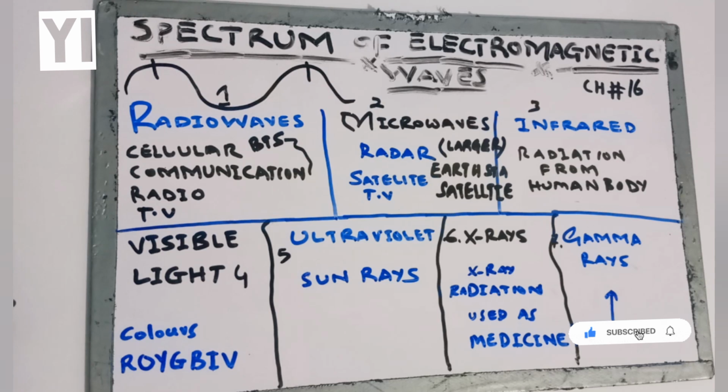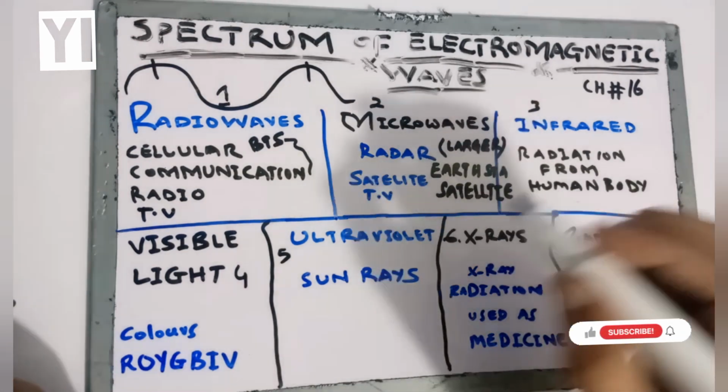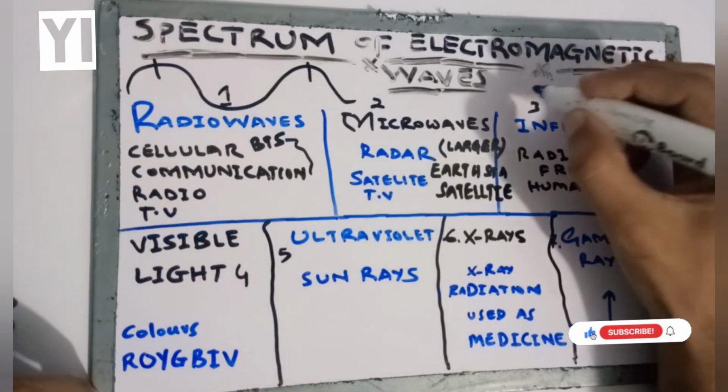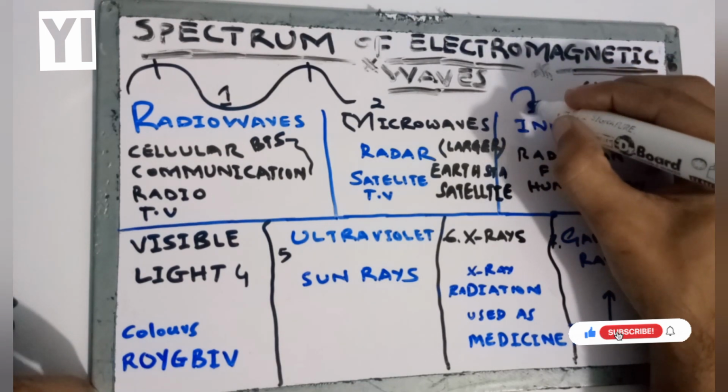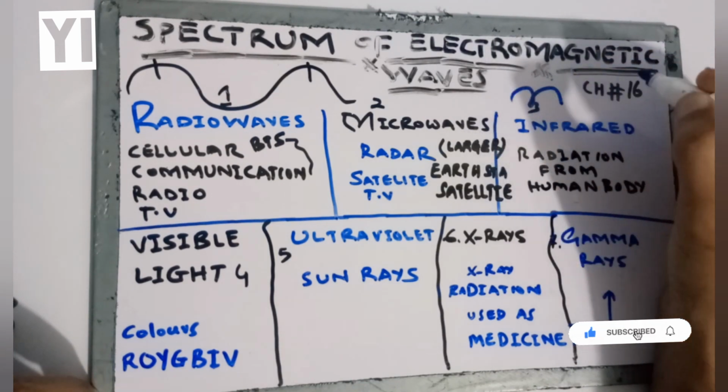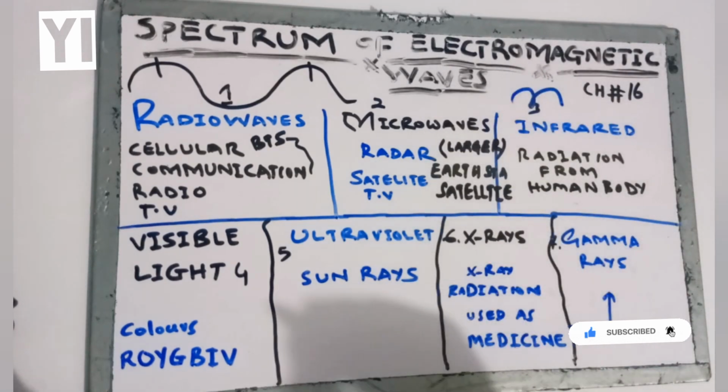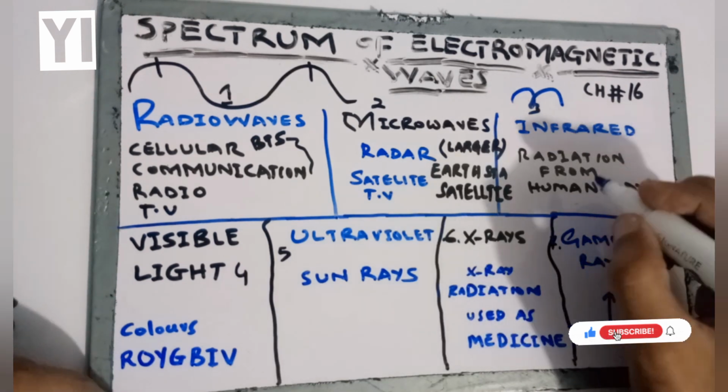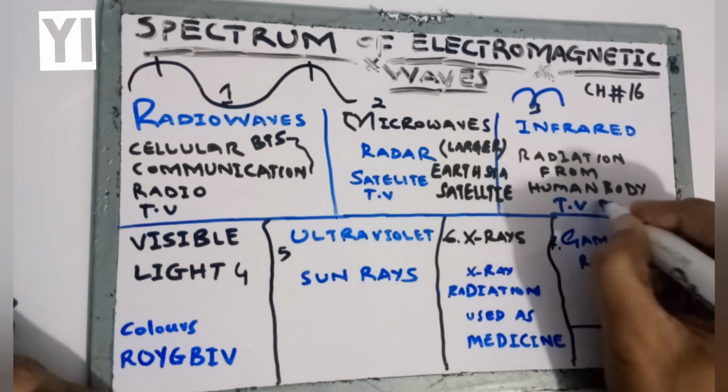Now infrared radiations have a higher frequency than microwaves, but as we go up, the wavelength starts to shrink. This wavelength will keep shrinking, becoming smaller. We know that the radiation from the human body is called infrared radiation, as is the radiation from a TV remote.